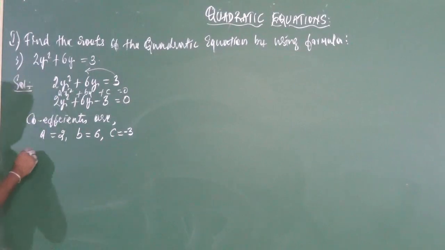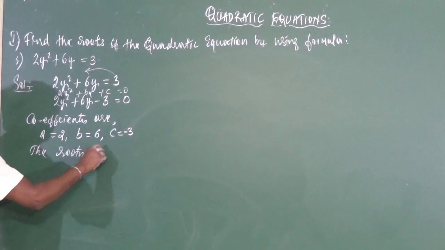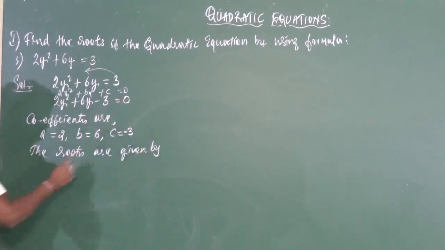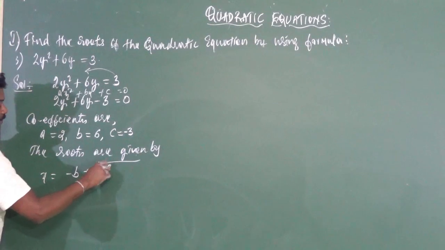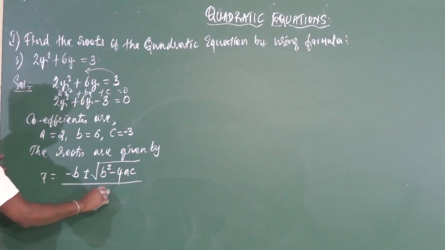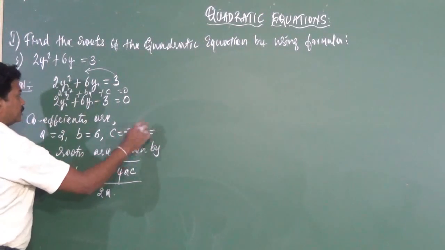Right. So we write the quadratic formula. The roots are given by x is equal to minus b plus or minus square root of b square minus 4ac by 2a. Right. So in the place of x we have the variable, it is changed to y.